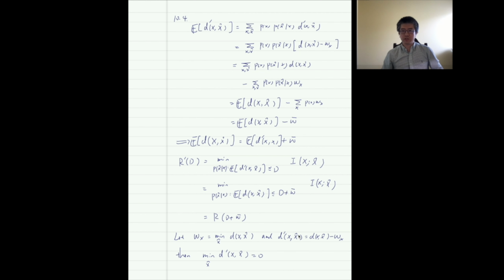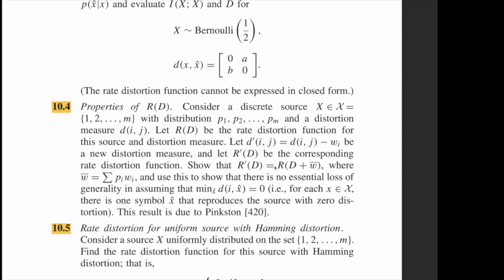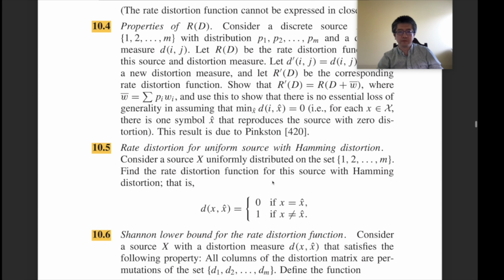Therefore there is no essential loss in assuming the minimum distortion is 0, because we have this relationship.